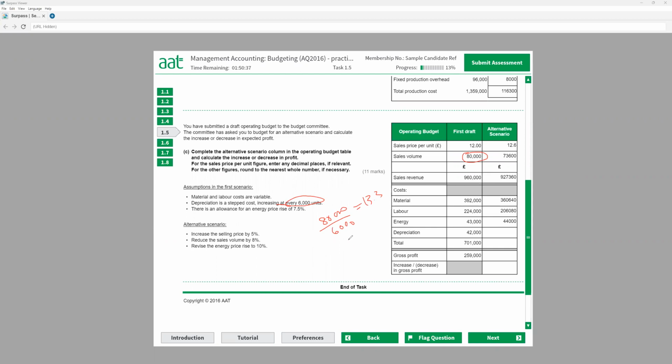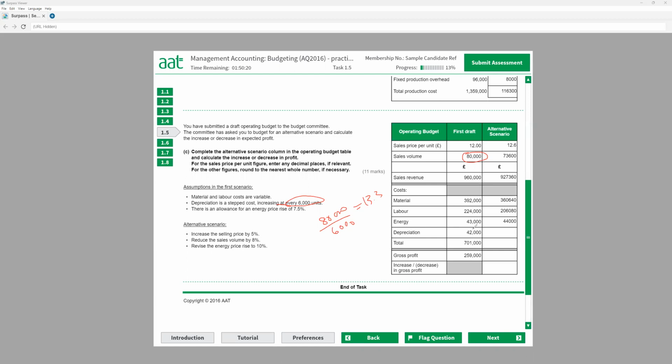That means up to 13 is one step, and after 13 is the next step. That means for every 6,000 it will be increased by the same amount.